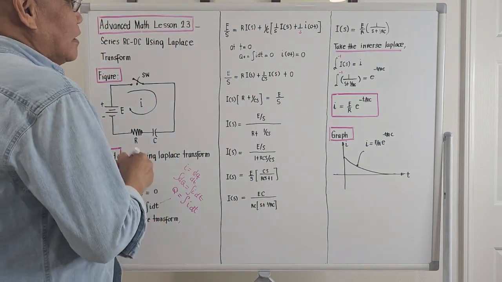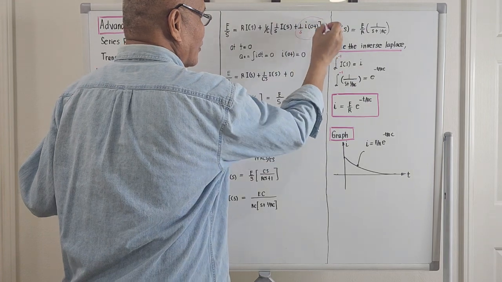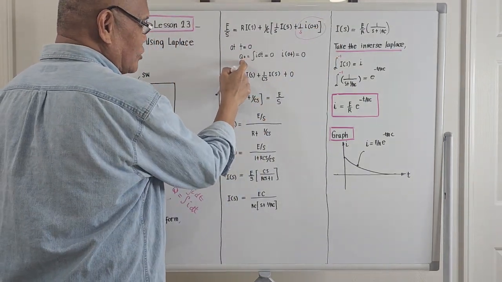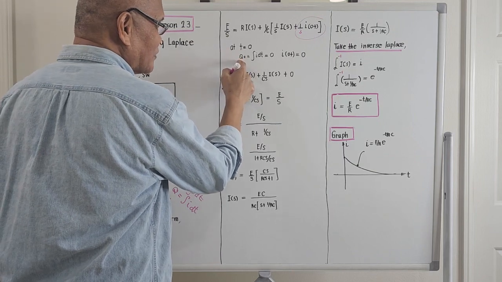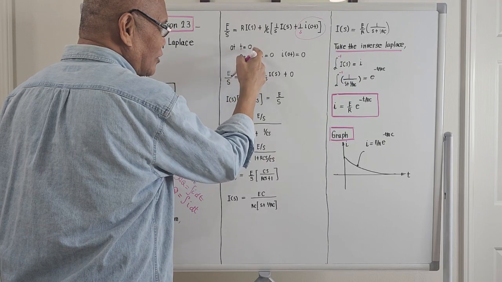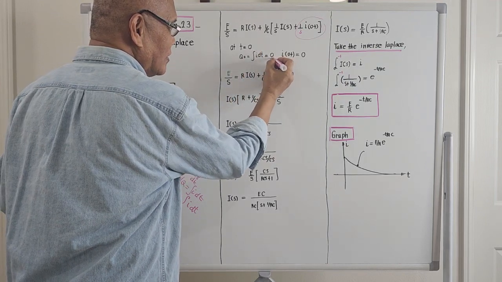We must compute this value first before we can proceed. At time t equal to 0, assume the initial charge on the capacitor is 0. The initial charge is represented by the integral of i dt, and it should be equal to 0.